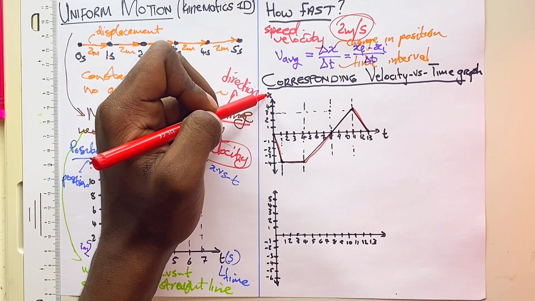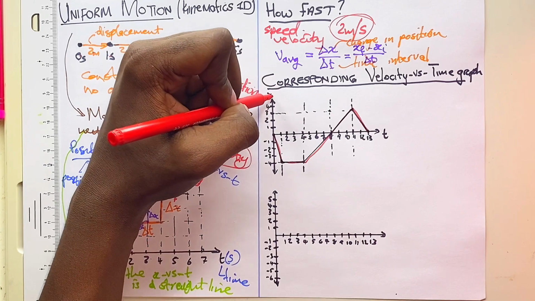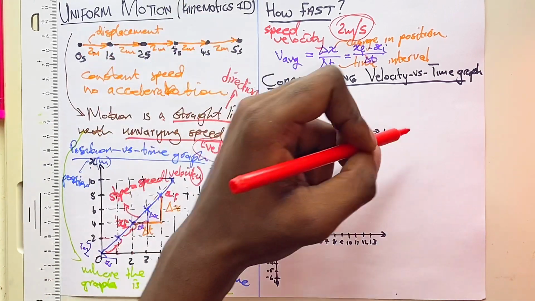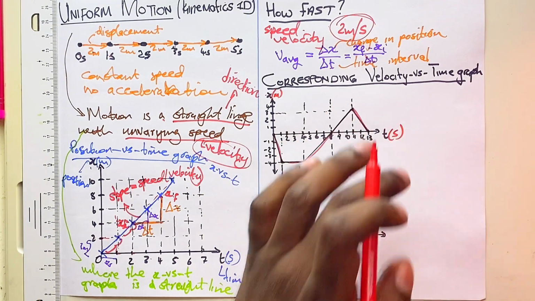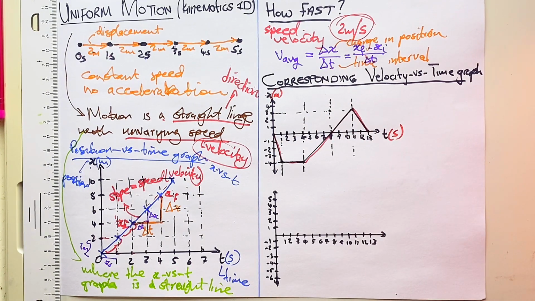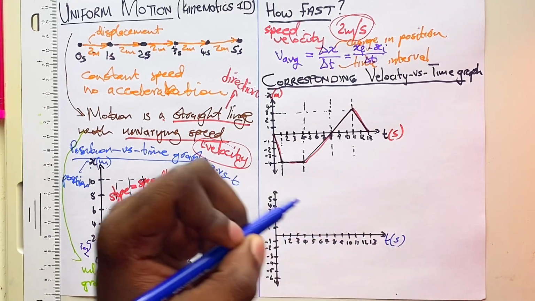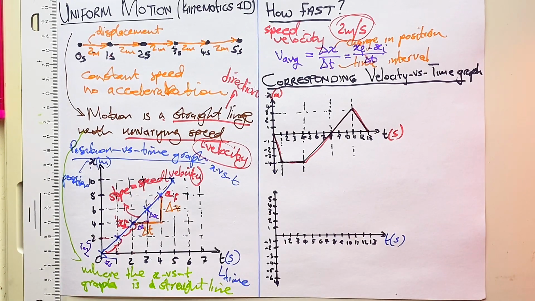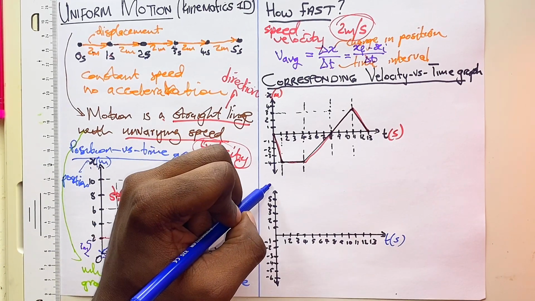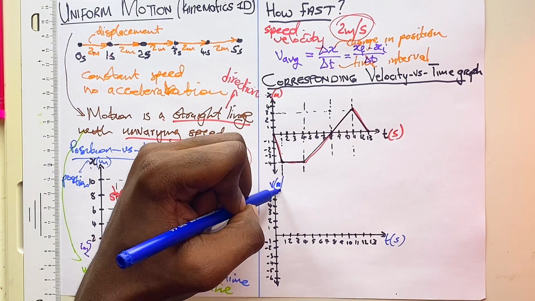We represent x on the y-axis and have t on the x-axis. x is giving us our position in meters, and t is giving us time in seconds. The same thing down here, we have t in seconds, but now we want to find the velocity, which is represented by v, and it is given in meters per second.